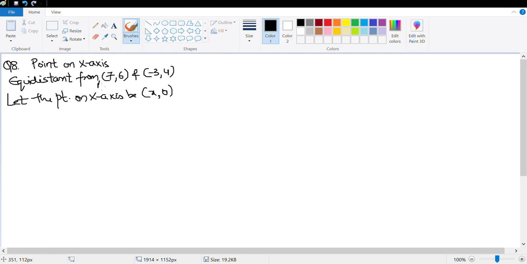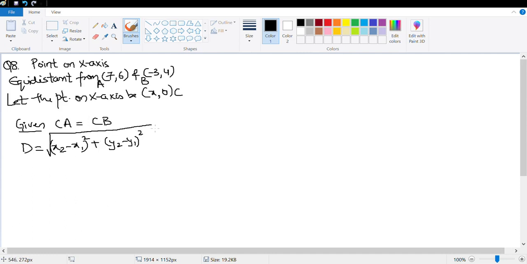So let's name this point A, let's name this point B, and let's name this point C. So as per the question, what is given is CA is equal to CB. The distance between CA and CB is equal. So let's equate it. I know the distance is given by the formula, the square root of (x2 minus x1) whole square plus (y2 minus y1) whole square.